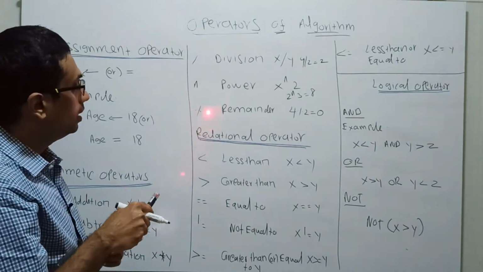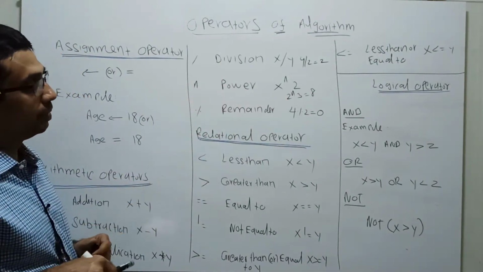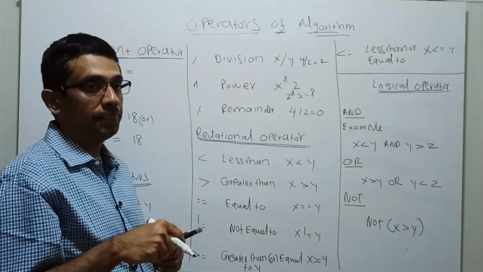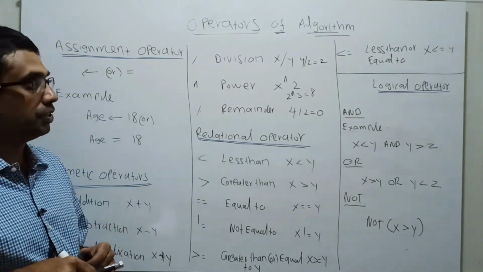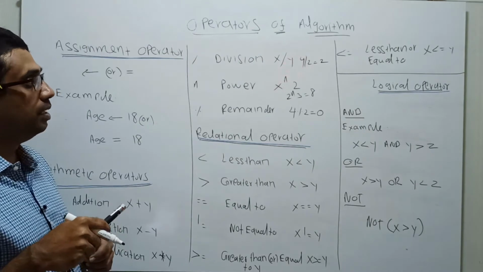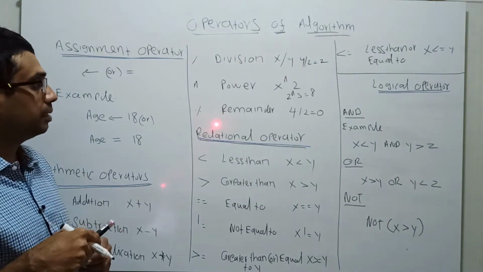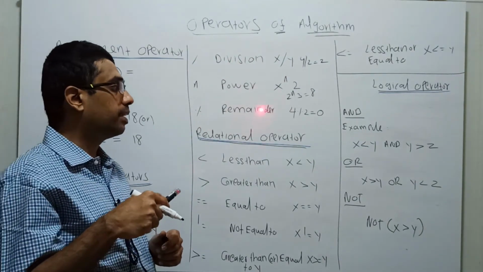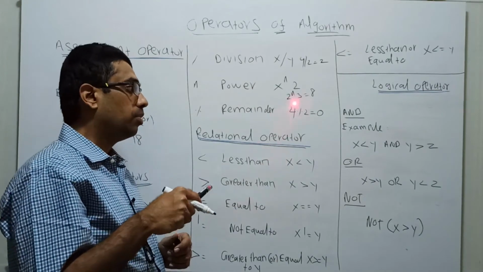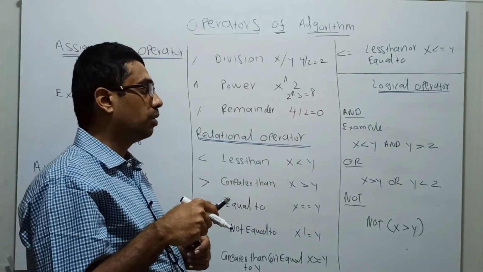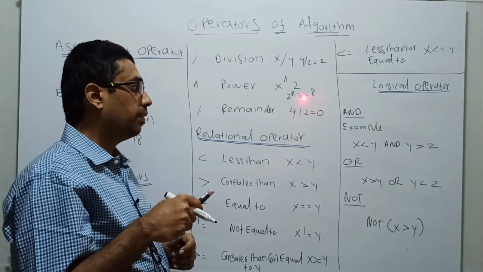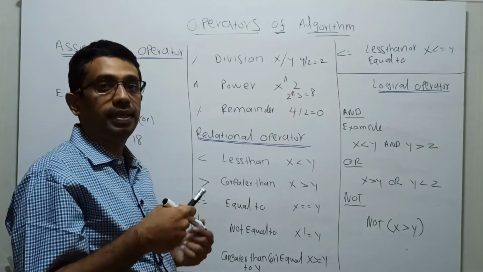Next, the percentage symbol is the remainder operator. It returns the remainder of the division. Slash returns the value of the division, while percentage returns the remainder of the division. 4 modulo 2 equals 0, that means when we divide 4 by 2, the remainder is 0.